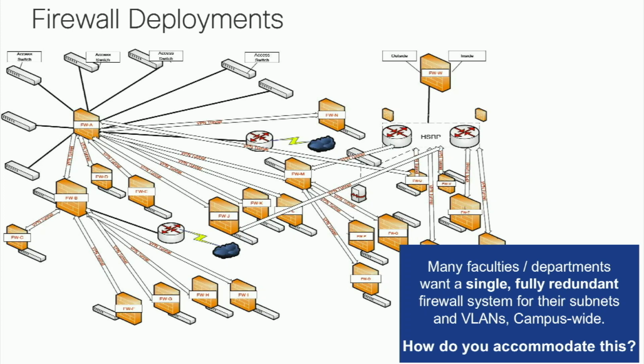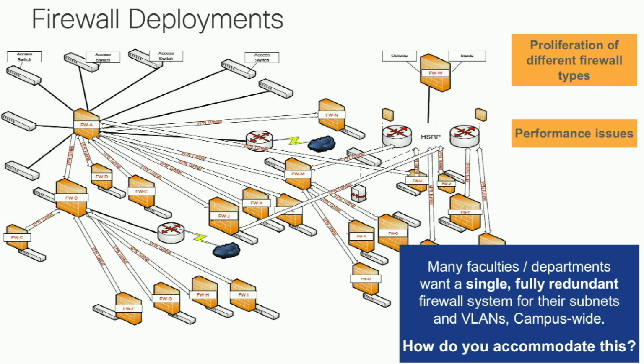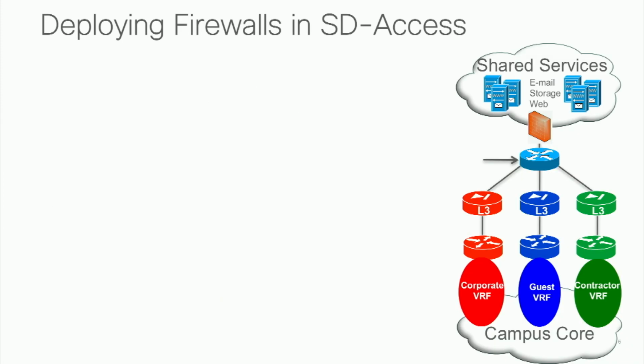We have all these different firewalls that we have to monitor. We have to implement all these different policies, which means we need to understand all these different subnets, all of these different attributes. It's a lot of work, and there may be different types of firewalls. You may have to manage different types of OSs, right? And you may have a lot of different performance issues or other issues. It's just a lot more firewalls to have to manage.